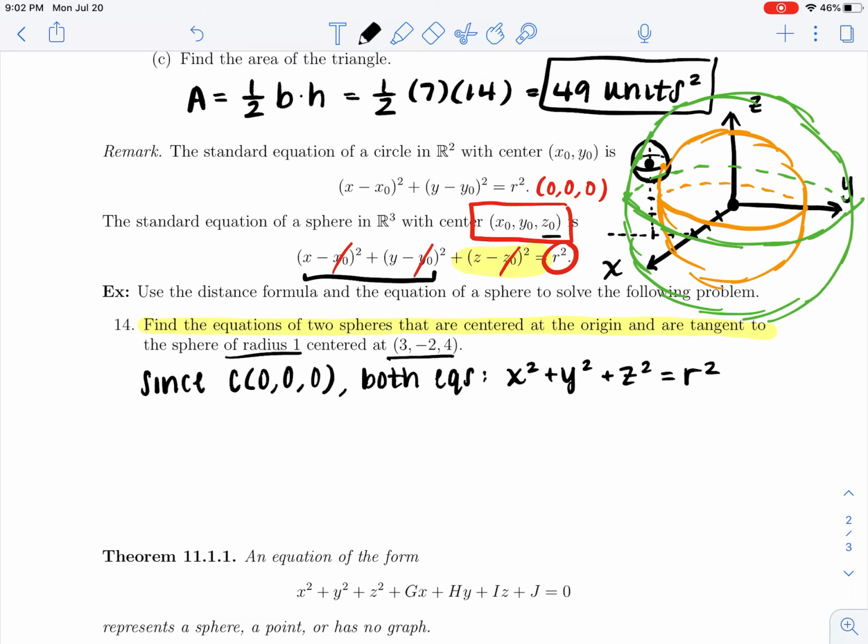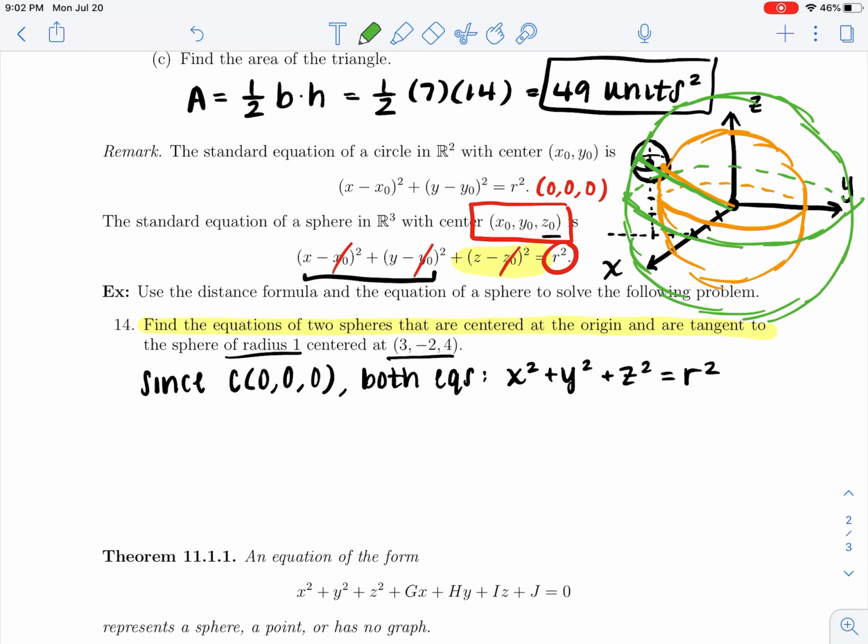And so what's that radius going to be? Well, certainly we can draw it. Here's this orange radius, and similarly, we have a green radius, which goes out to here. So how can we determine that radius?